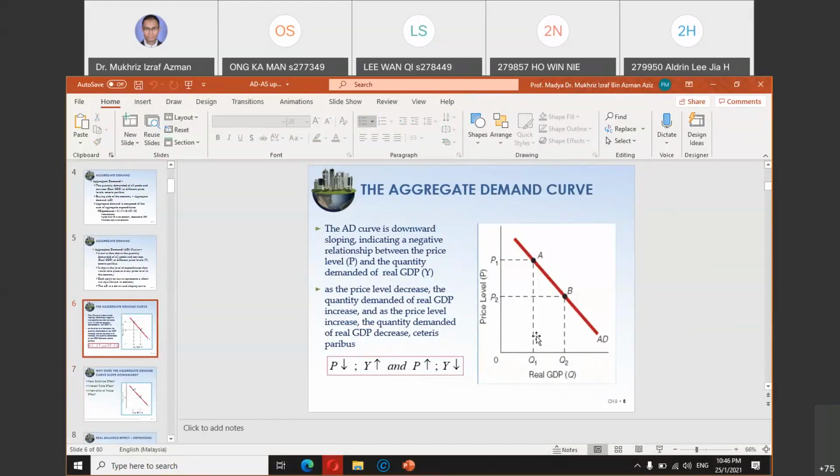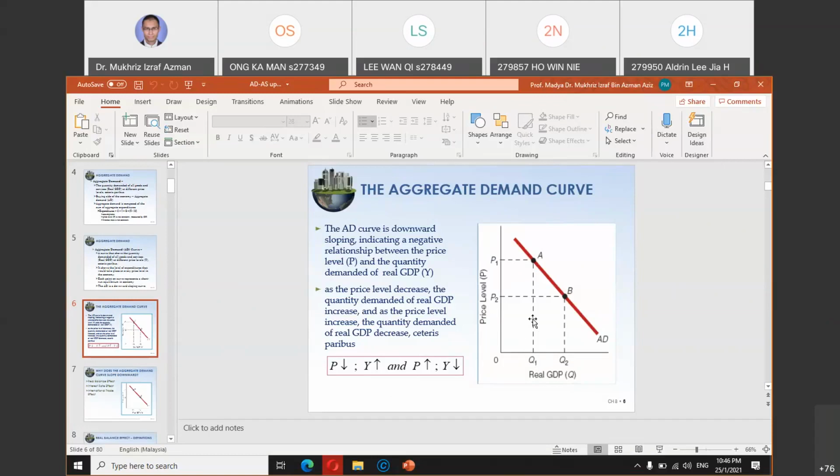Remember the Y axis is price level, like your demand curve in chapter 2 under microeconomics, but the X axis is the amount of GDP, meaning the income value.